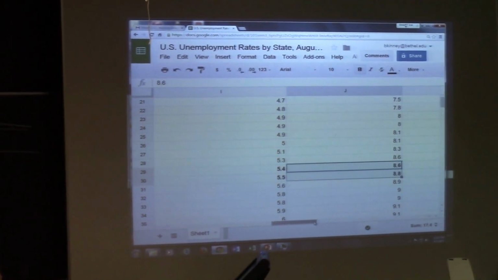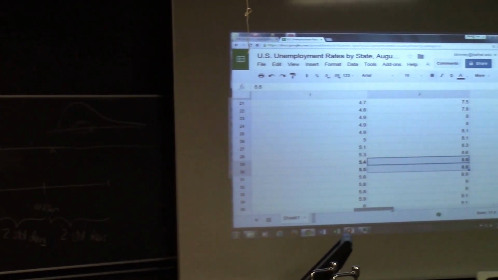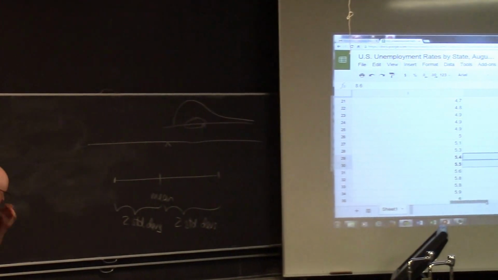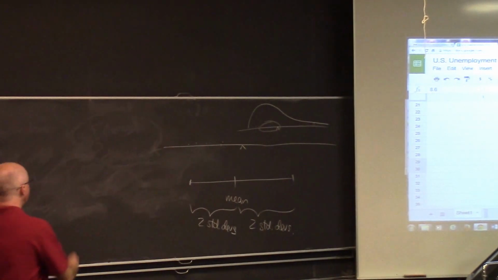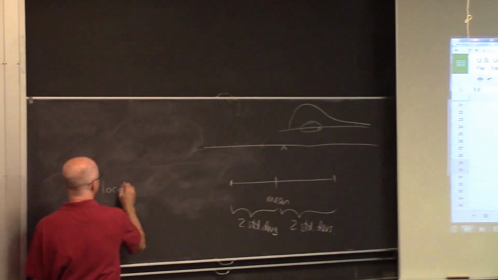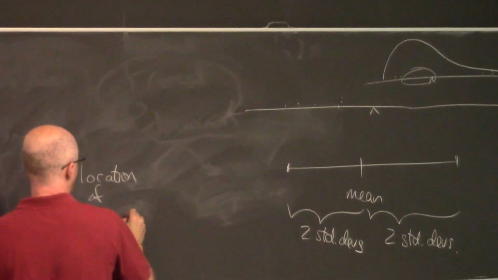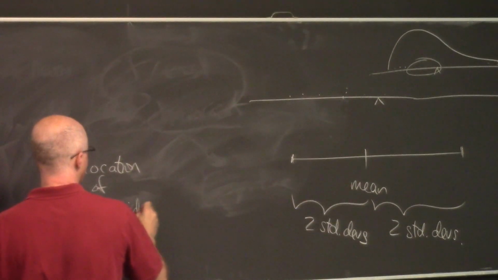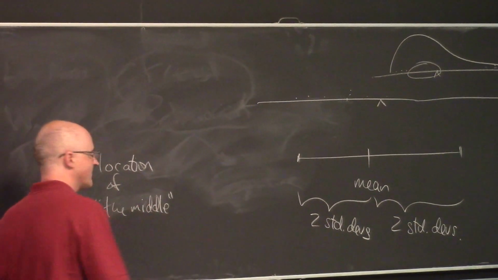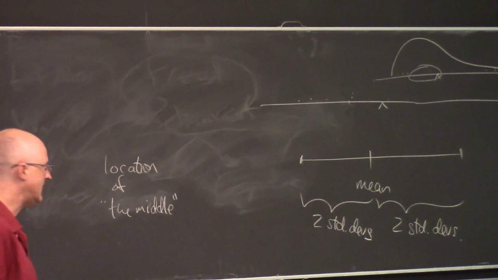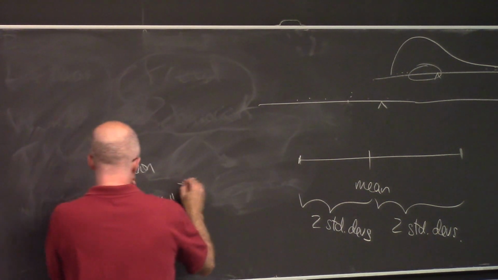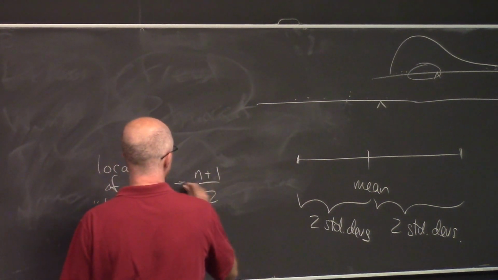How do you figure out where those two middle numbers are? You use a formula to find the location. The location of the middle, I won't say middle number, in either the even or odd case, is n plus 1 over 2.